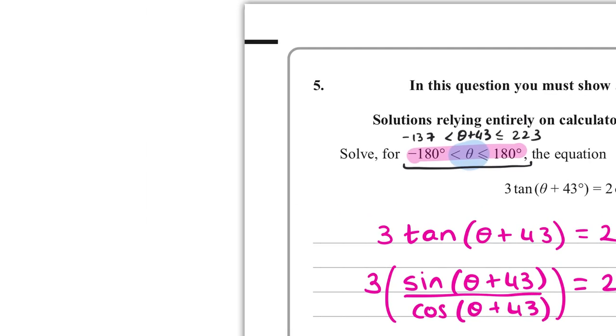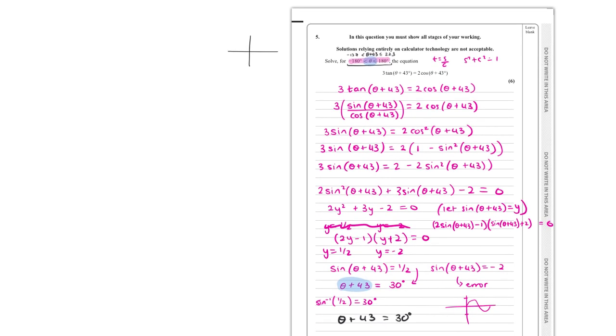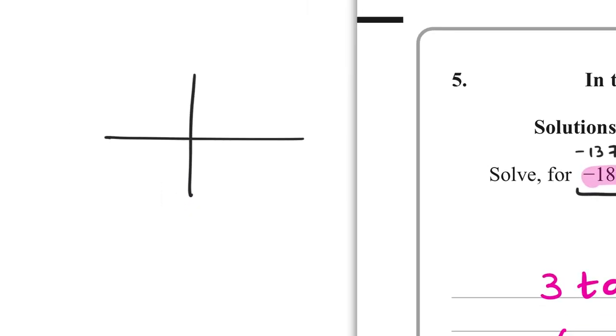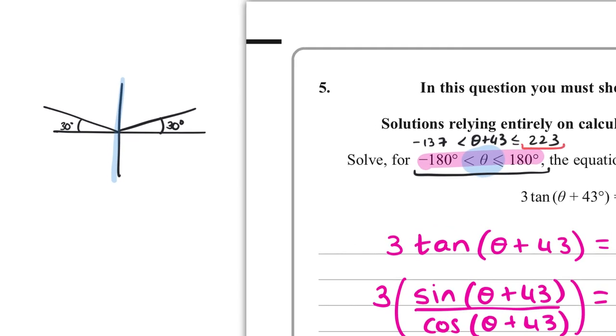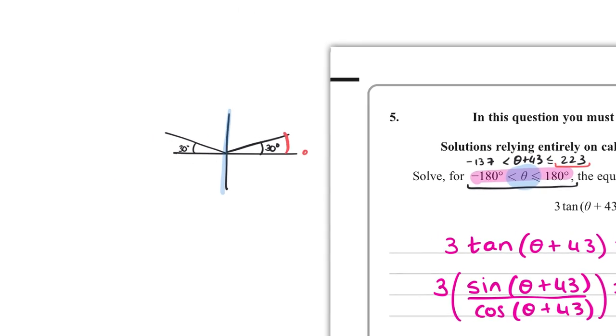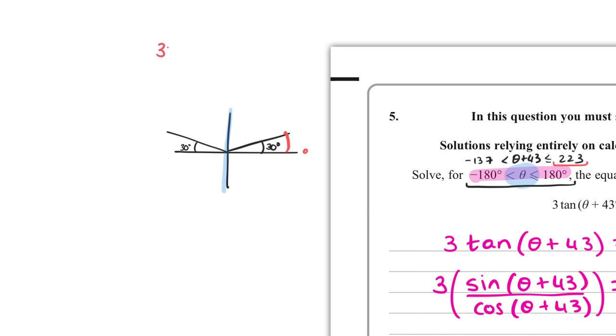So if I was to do my CAST diagram, we have sine of 30 degrees. Sine always reflects in this line. So here's my 30 degrees. We're going to start from 0 and go to 223 as my first one. So 0, it crosses once at 30 degrees. This is 90.